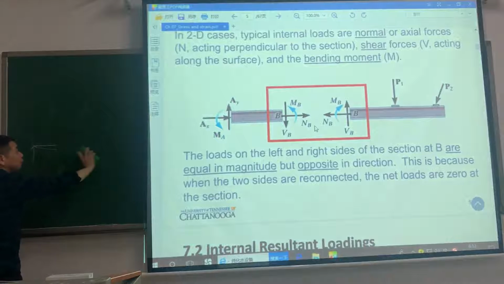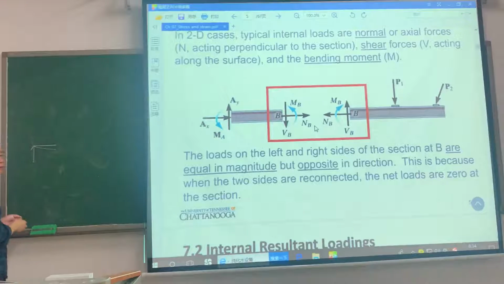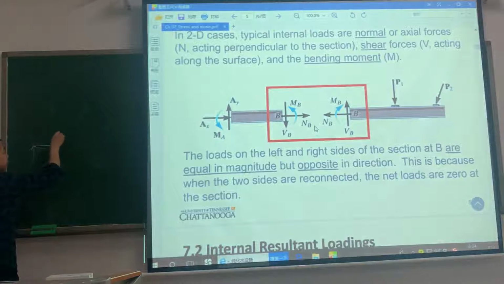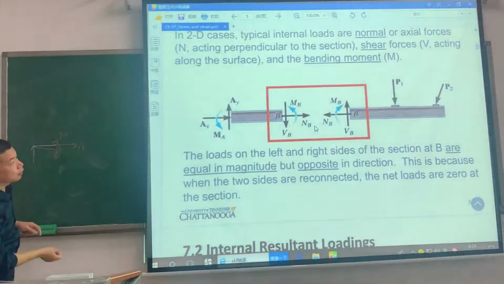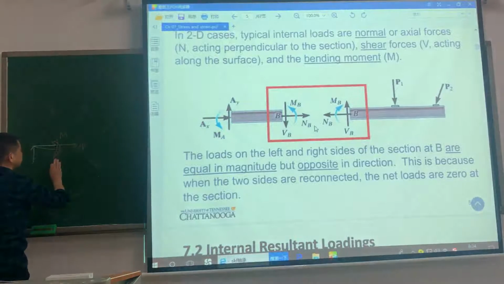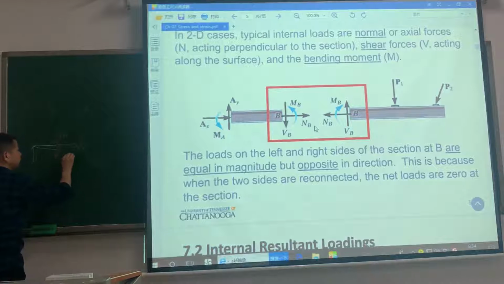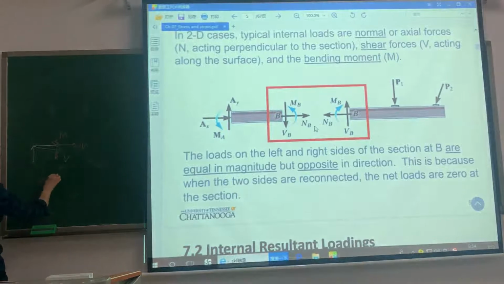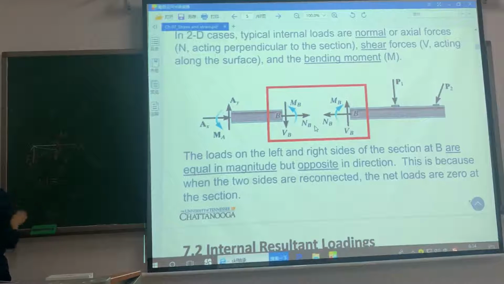Remove all the left part. Here, there is a moment, Fx, so its M is V, is self-constant. M, suppose the distance is d, is F times d, yes or no?